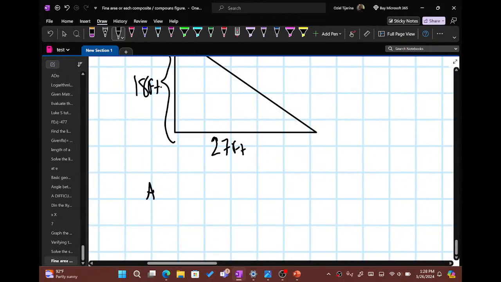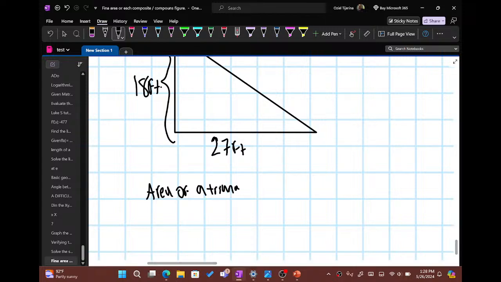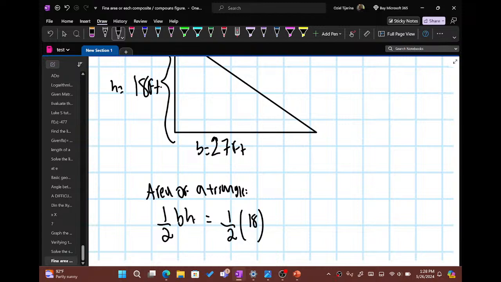Now remember that the area of a triangle, again, is 1/2 base times height. So let this be the base and let this be the height. So it's 1/2 times 18 feet times 27 feet.